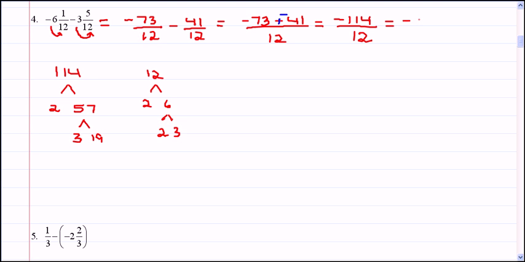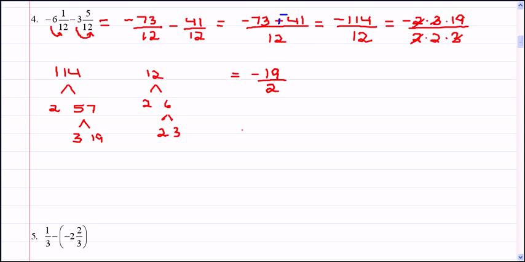So negative 114 is negative 2 times 3 times 19, and 12 is 2 times 2 times 3. I can cancel the 2's and the 3's, so that as an improper fraction, my answer is negative 19 over 2.